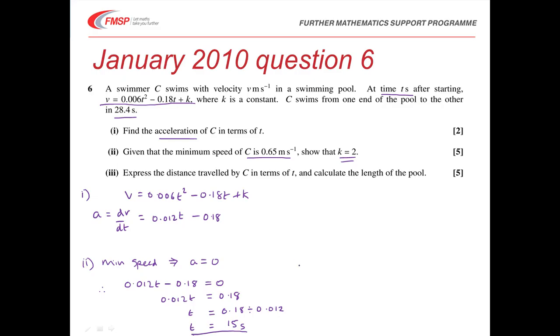Okay, so I've found when that happens from the information I was given. Now it says show k equals 2. Okay, what do I know? I know when t equals 15 seconds that the velocity is 0.65 meters per second.